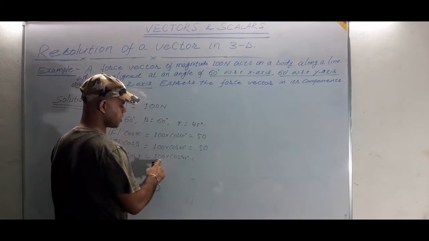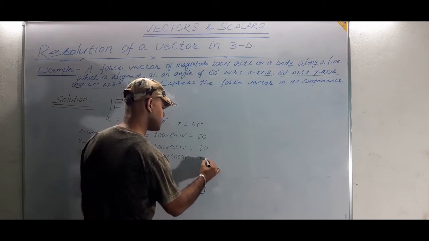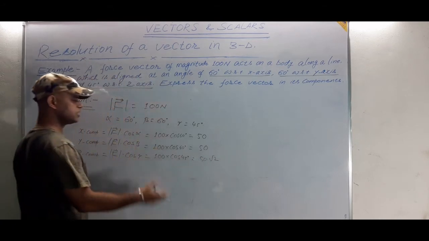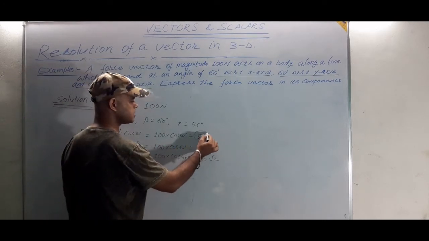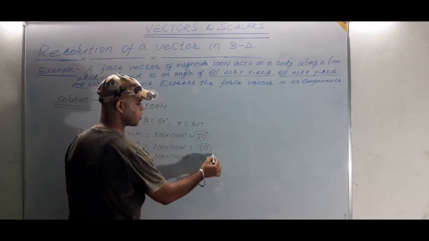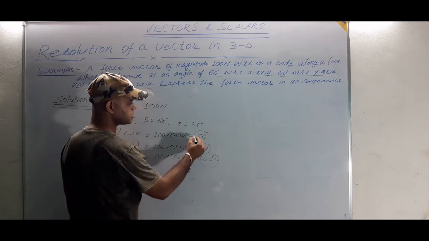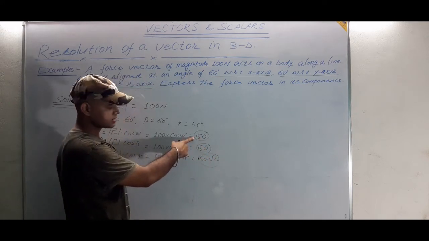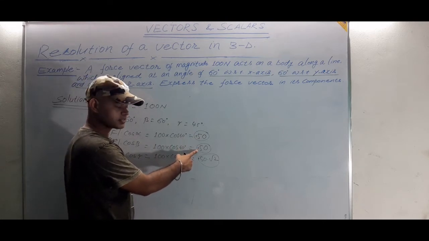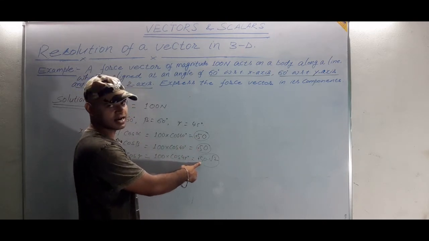So 1 by root 2 into 100, how much you get? 50 into root 2. So these are the components of the vector along x-axis, along y-axis and along z-axis. All these values are positive. It means this is along positive x-axis, this is along positive y-axis and this is along positive z-axis.